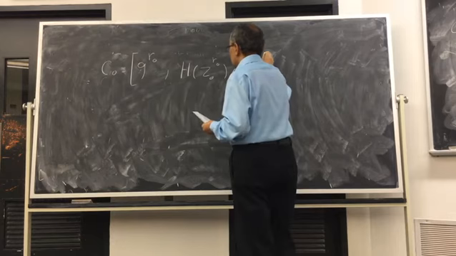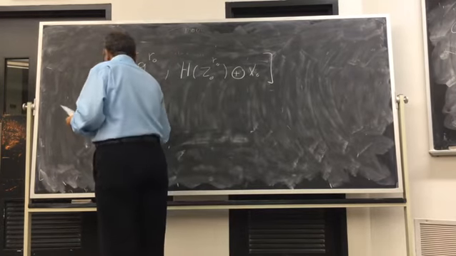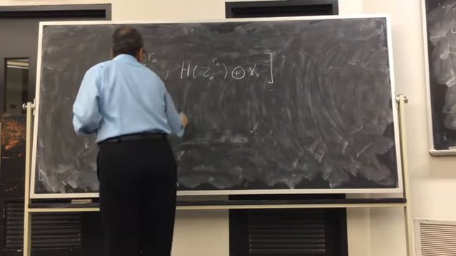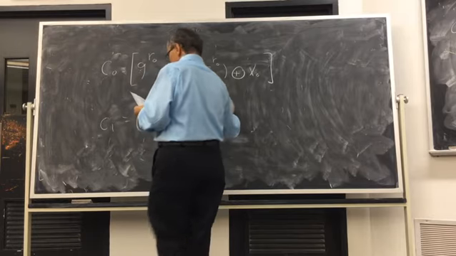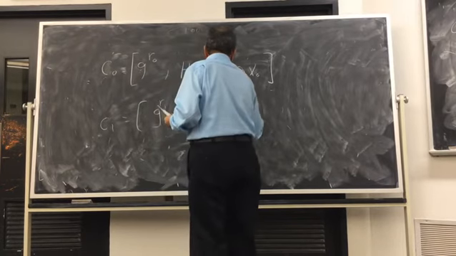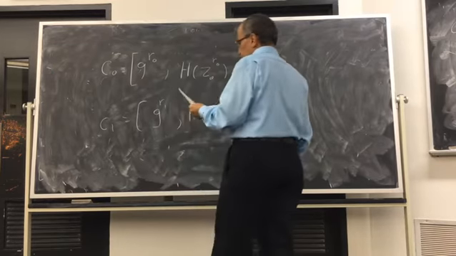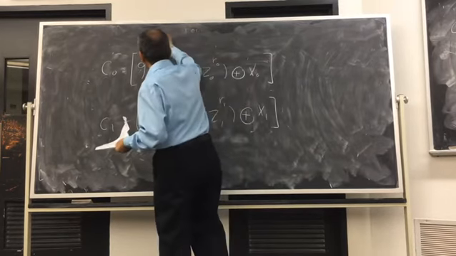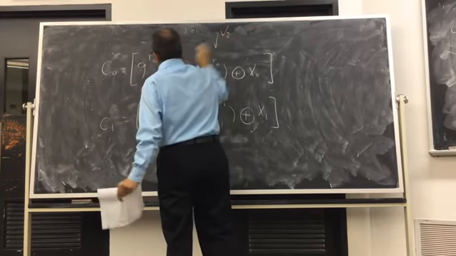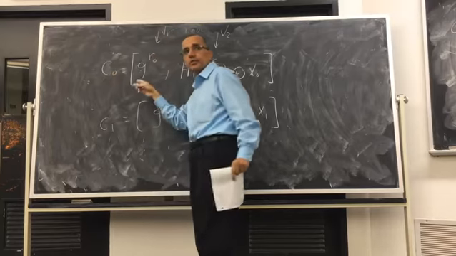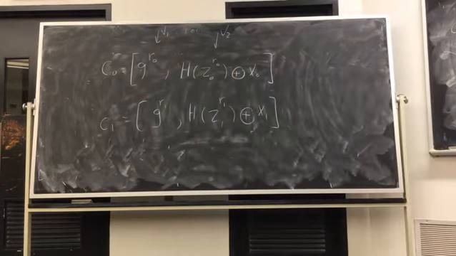C1 is equal to g to the power R1, H of Z1 to the power R1, XOR x1. Let me look at these two components. The first component of the ciphertext I'm going to call V1, and the second component I'm going to call V2.